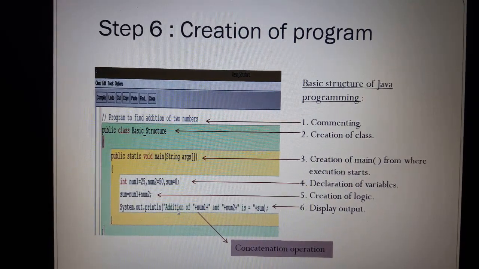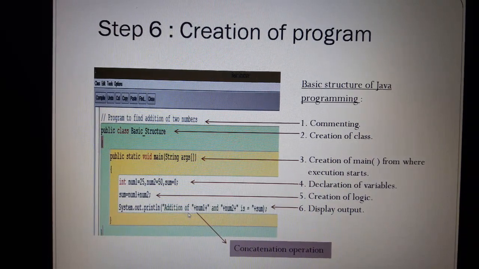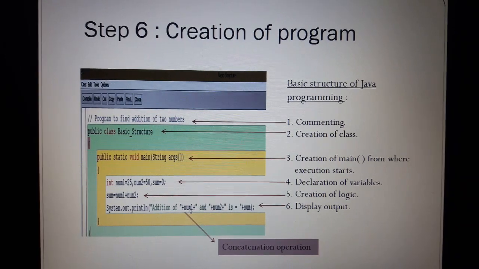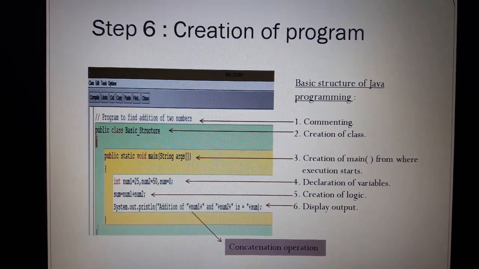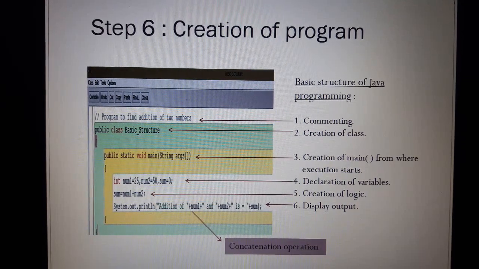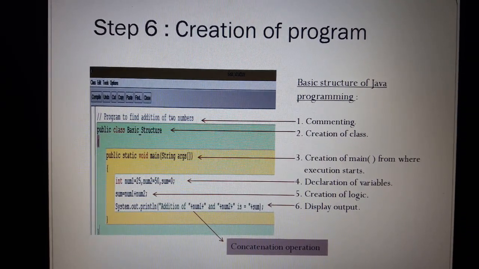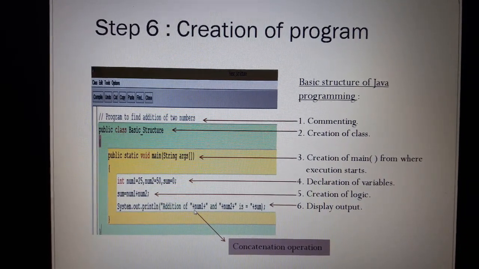So I had already written "addition of", but after "addition of", I want my first number to be displayed. But when it is displayed, I write it using the concatenation operator. Actually, we have one concatenation operator, or we can say one joining operator, that is plus.